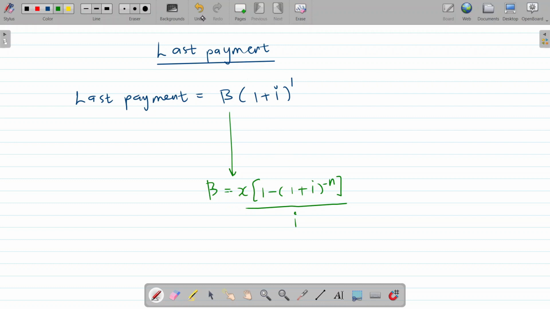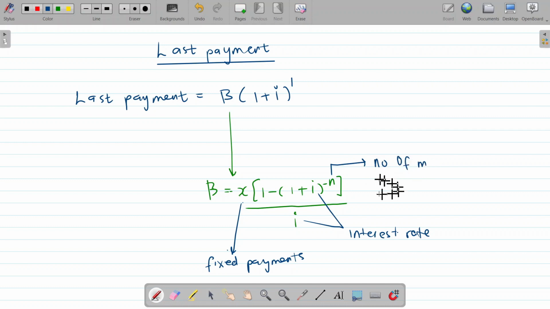Your x is your fixed payments, your i is your interest rate, and your n is the number of payments not yet made. But when we're looking for the last payment, it's the number of whole payments not yet made.